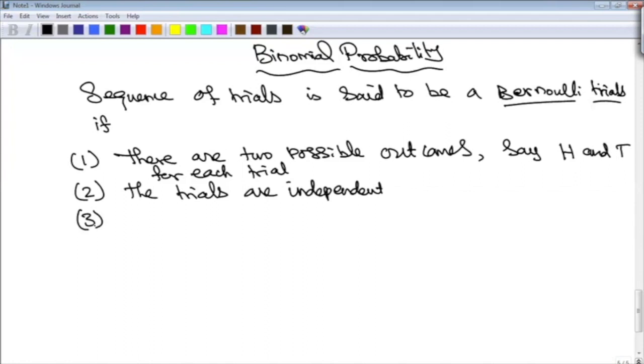And the third condition is the probability remains the same throughout all trials.